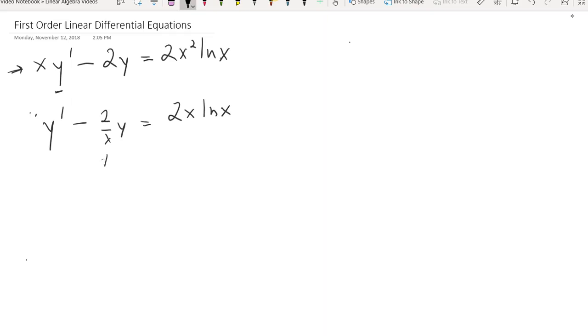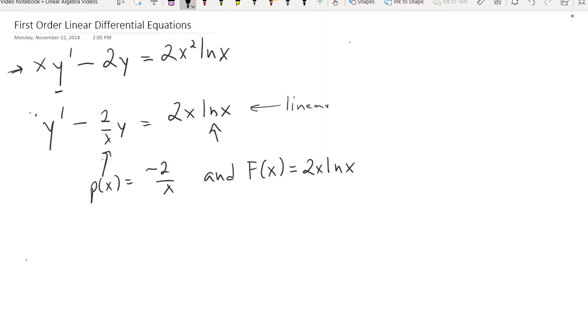One is that this function here, p of x, which equals negative 2 over x, and this function here, which is called f of x, which equals 2x ln of x, are both functions of x only. And so hence that makes this entire differential equation linear, because all of the functions that are in front of the derivatives of y are simply functions of x, including this one, which is what we'll call big F of x.